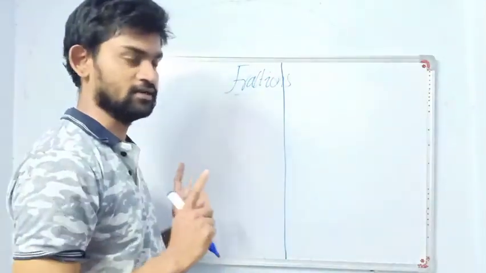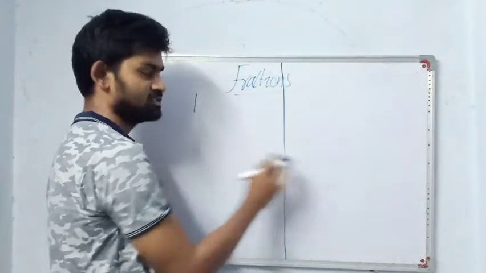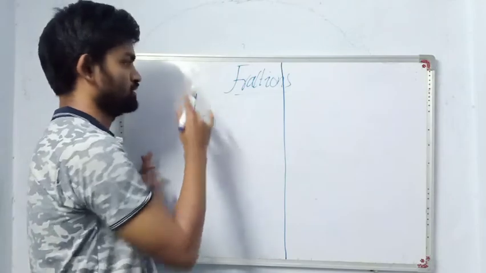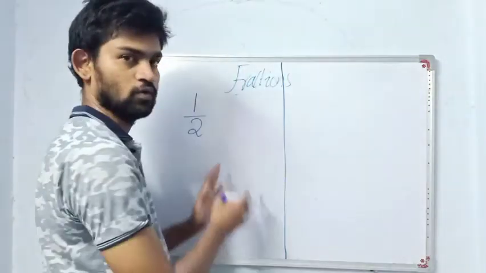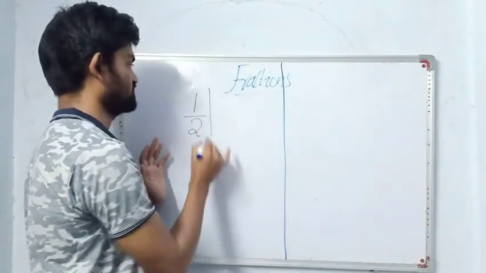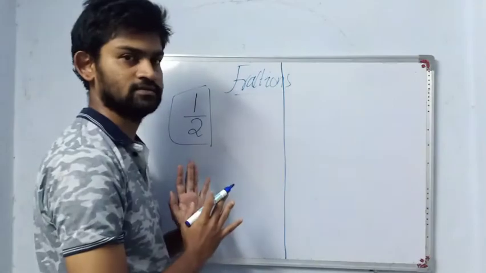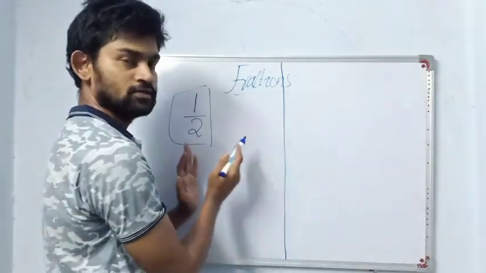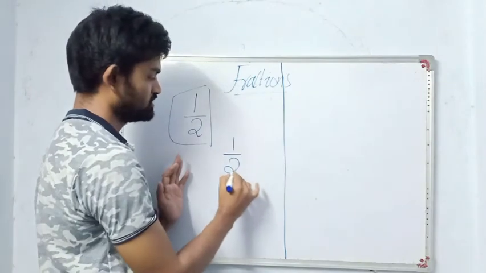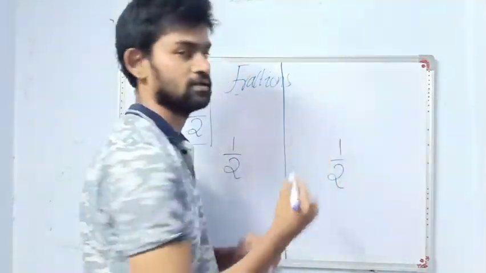So one whole, the whole board, divided into two parts. That is called a fraction. Each part of this is called a fraction. This is half, this is another half.